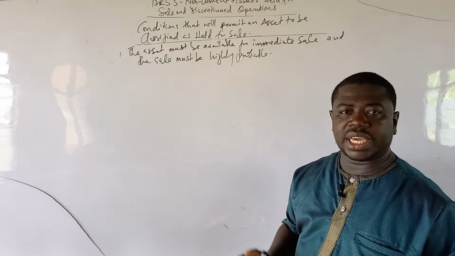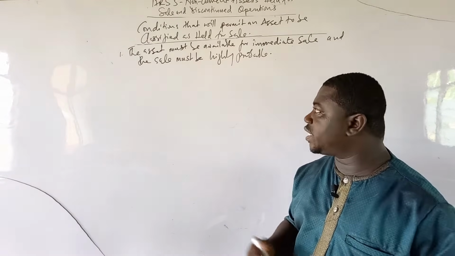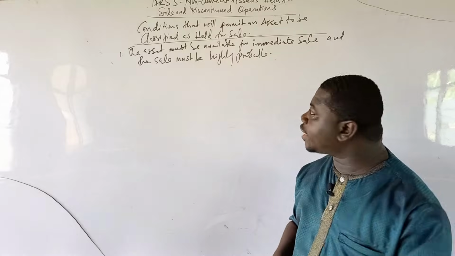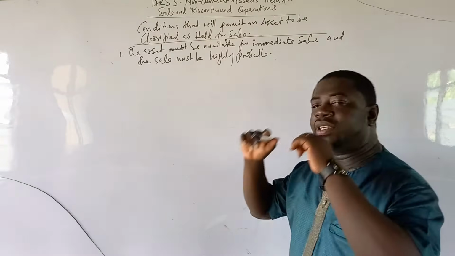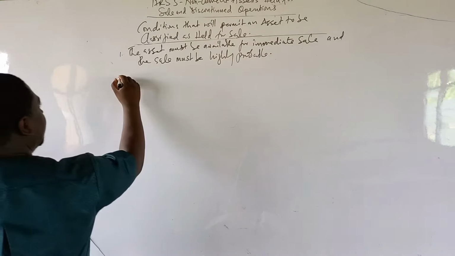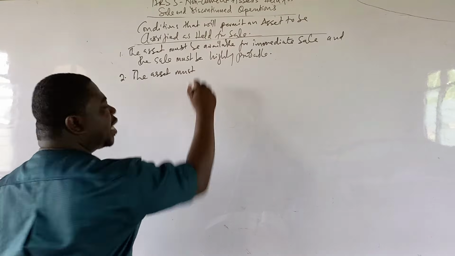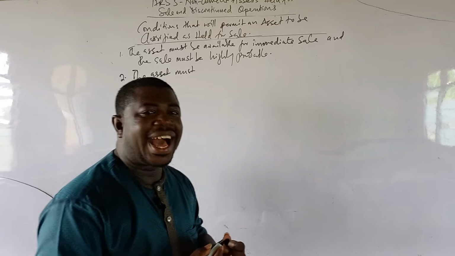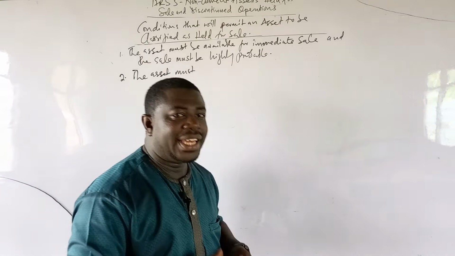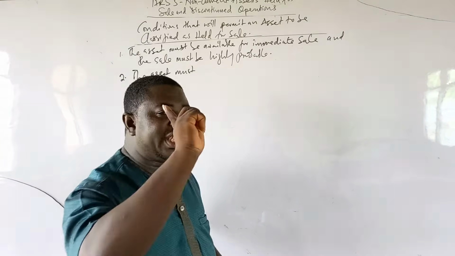Otherwise, you can't do the classification. I'm sure this is very understandable. And then let's look at the second condition. The second condition is that the asset must be currently being marketed at an active price that is reasonable in relation to the fair value.